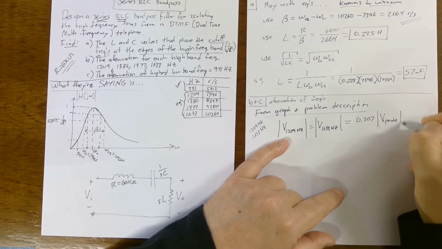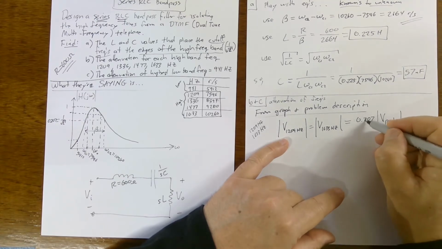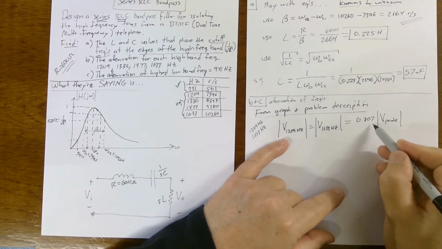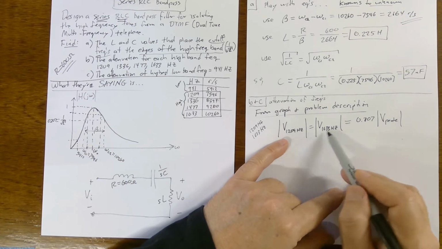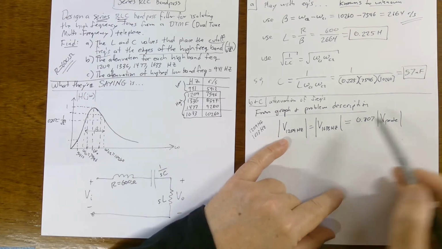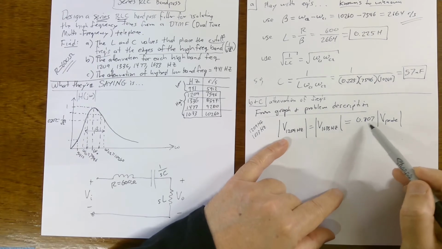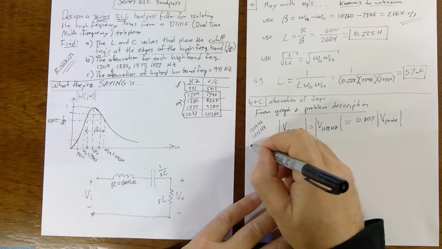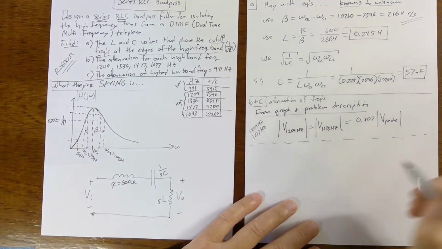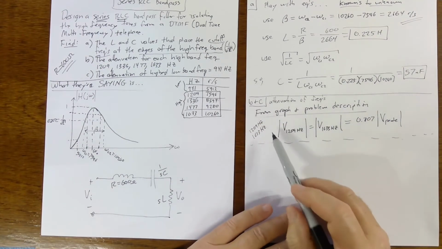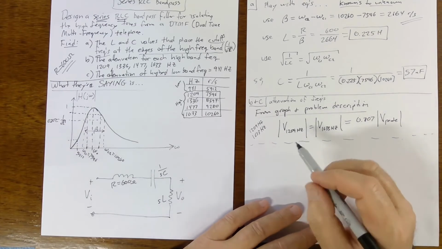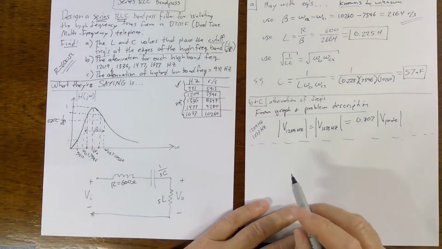It'd be fine if you just said 0.707, but we're trying to say that the peak voltages of these two frequencies, if the signal coming in has these two frequencies, will be attenuated by 0.707. A little bit verbose way to say it, but anyway. So that's the two cutoff frequencies. It's really by definition that those are 0.707.